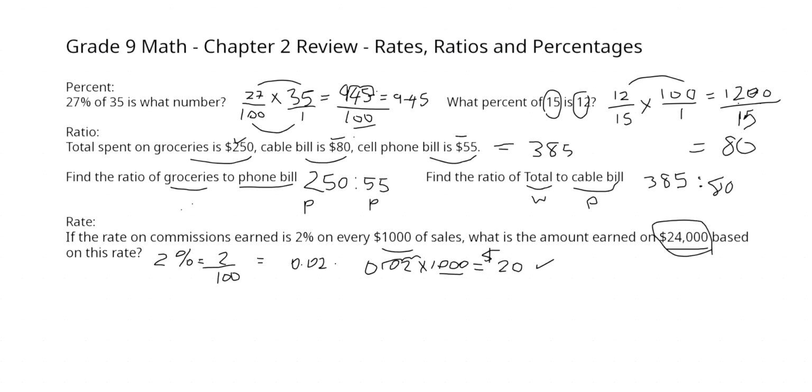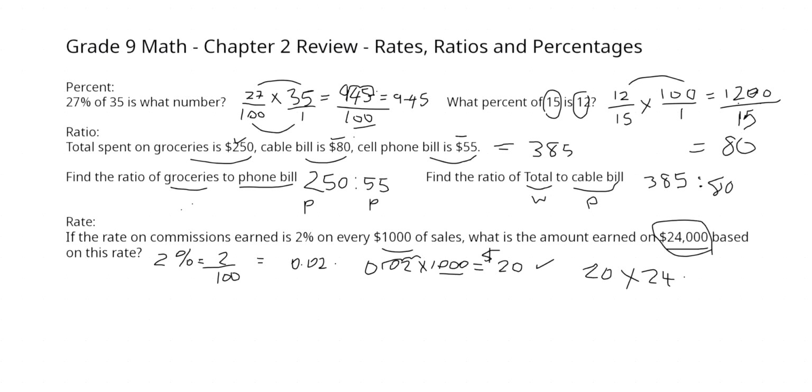We just add a 0 and multiply 24 by 2. 24 times 2 is equal to 48, and then we add a 0. So that would be $480, and that would be your answer.